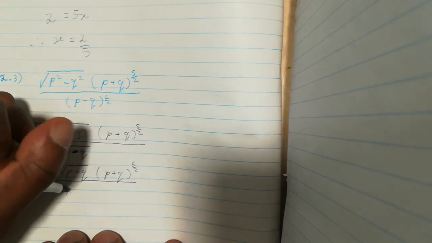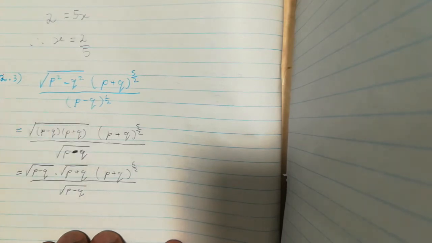This is all divided by p minus q. Both of these cancel out. They can cancel out. Then what is left is p plus q, p plus q to the power 5 over 2.